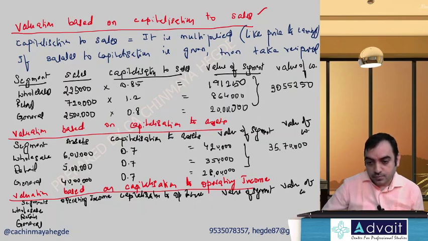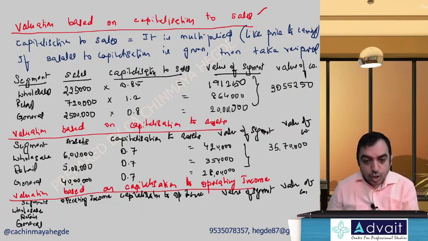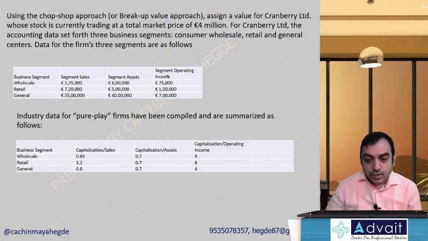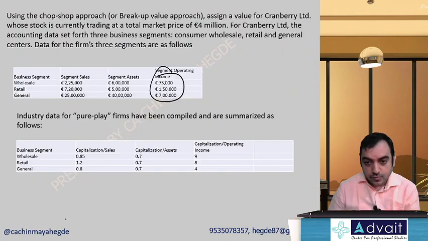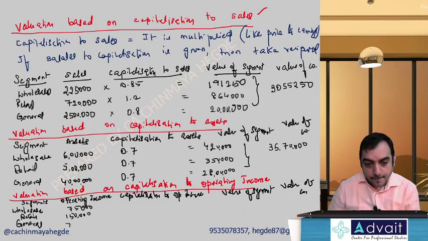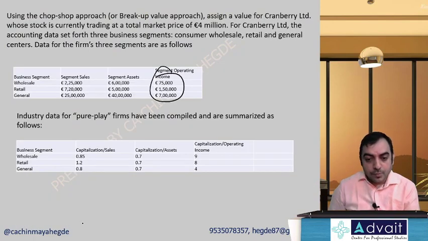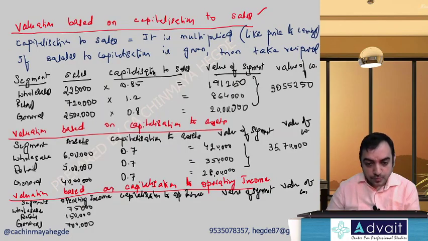Okay, so operating income they've given 75,000, 1 lakh 57 lakh. Capitalization factor given 9, 8, 4.